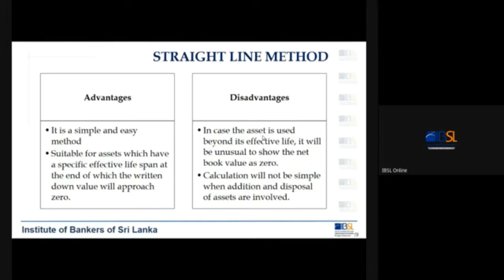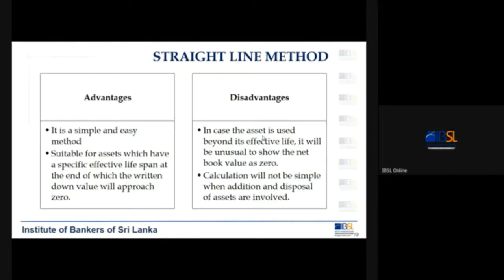Carrying amount becomes zero. So as a result, this may not be a useful method when you are using the asset beyond its useful life. Sometimes calculators may be used for 10 years. If something like that happens, then there is no point in assuming a depreciation rate of 5 years or using the straight line method.